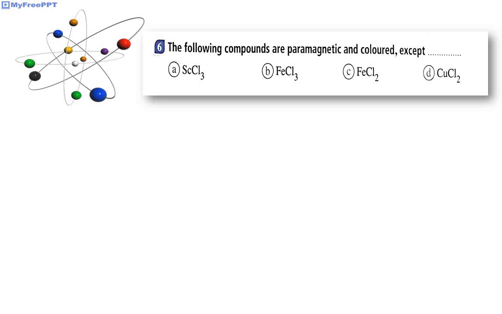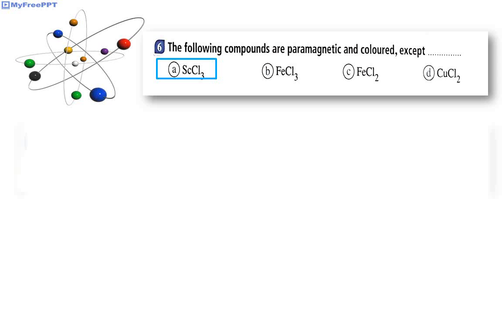If the electrons are paired, all the electrons in the d orbitals are paired, so the element will be uncolored. Which of them will be paramagnetic and colored? I think scandium chloride, ScCl3.